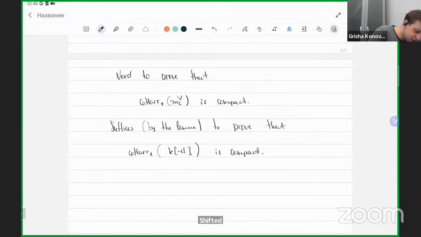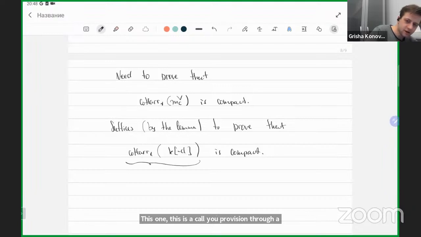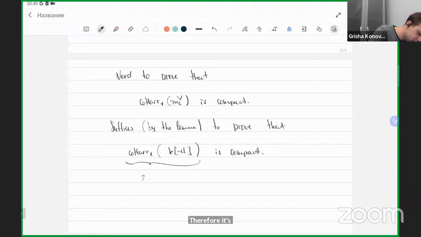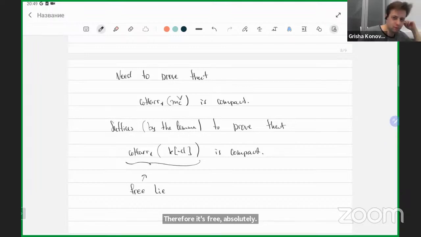But this one is an algebra with a trivial multiplication. Therefore, Cohar is free as a Lie algebra. Moreover, it is a free Lie algebra generated by a compact vector space.